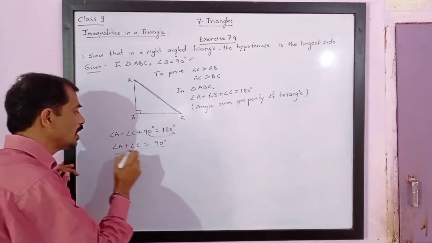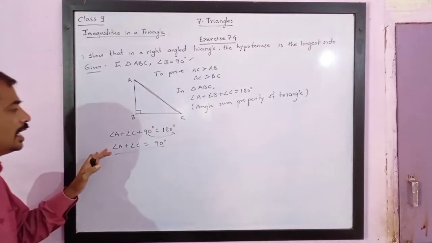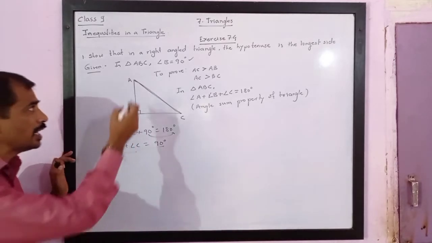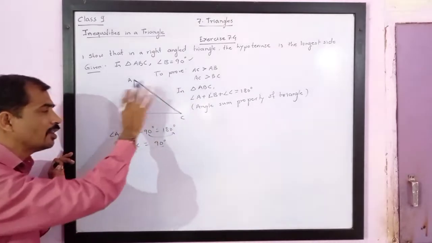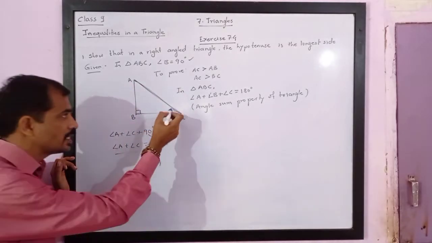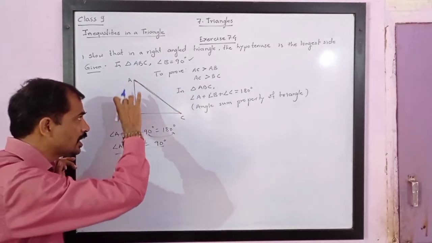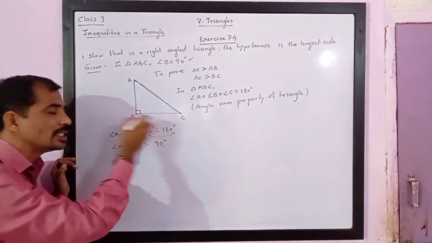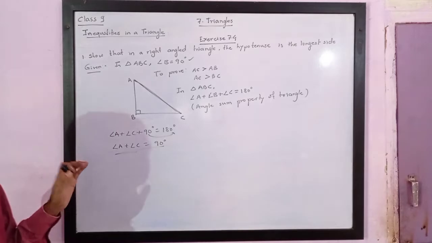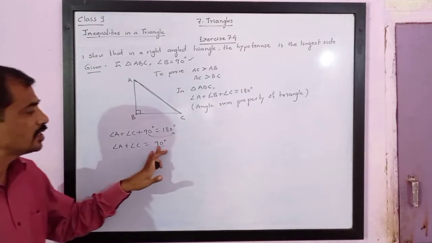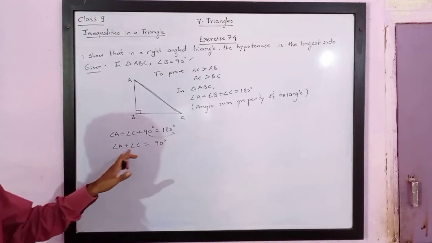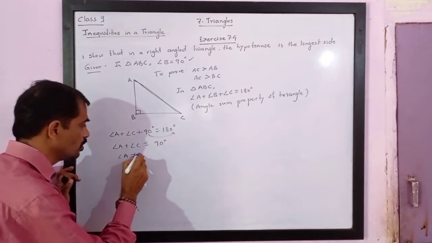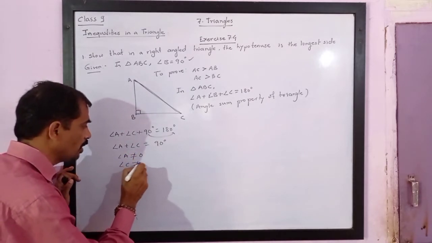Now, please note, here none of the angles can be 0. Angle A cannot be equal to 0. Angle C also cannot be equal to 0. If angle A equals 0, this triangle will not remain a triangle. If angle C is 0, then A will be at B's place or on the same line, and then the triangle will not exist. So for the existence of the triangle, angle A and angle C cannot be equal to 0.